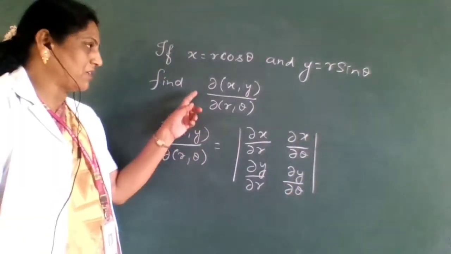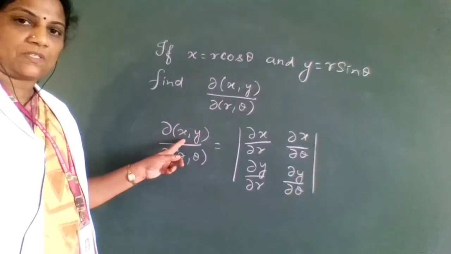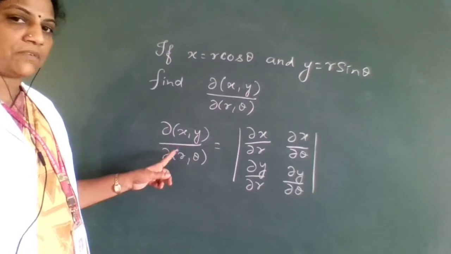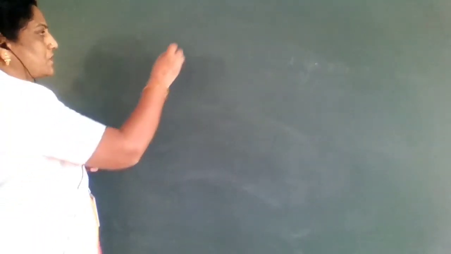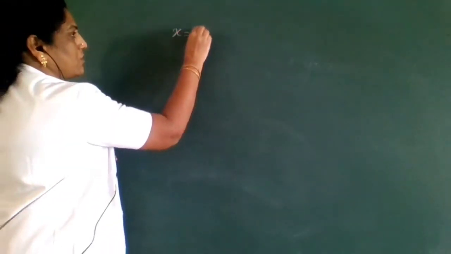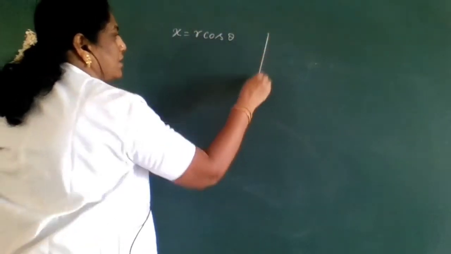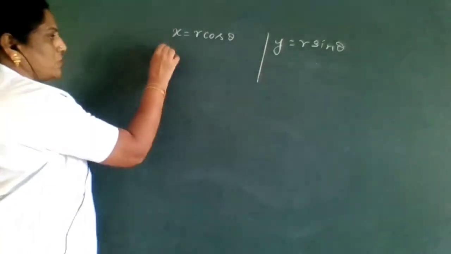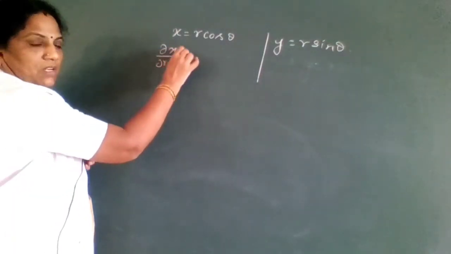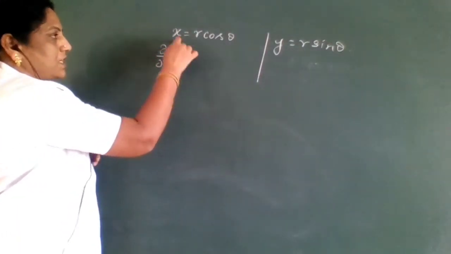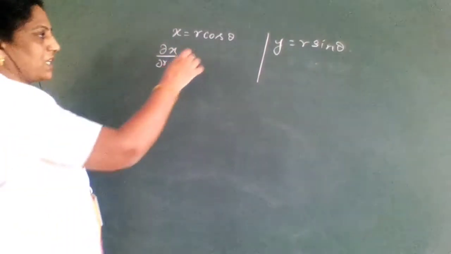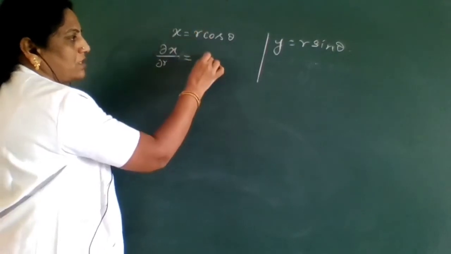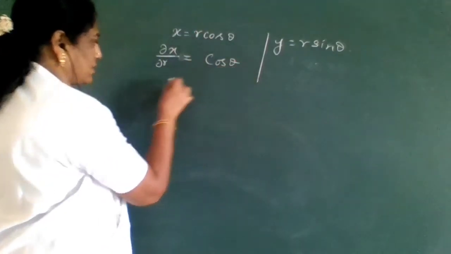First we have to find the first order derivatives of x and y. Take x equals r cos theta and y equals r sin theta. First, ∂x/∂r: differentiating x with respect to r, the derivative of r is 1, so the result is cos theta.